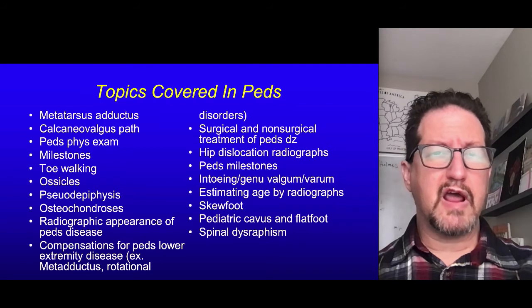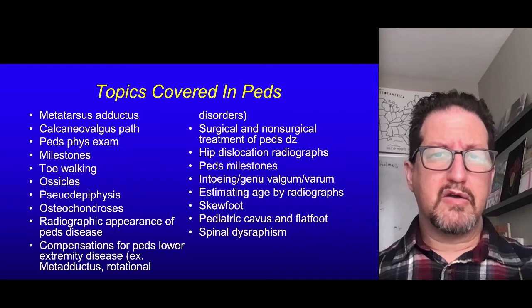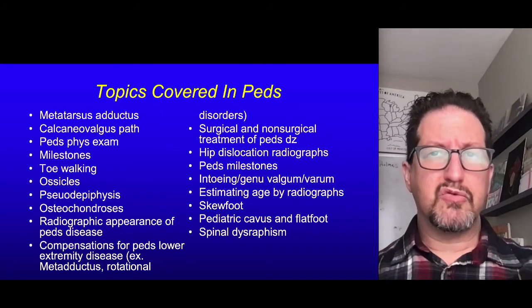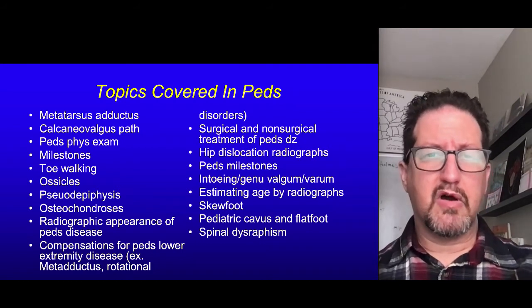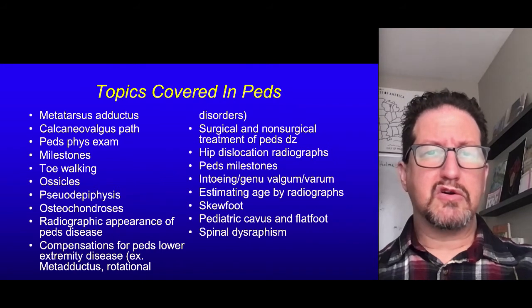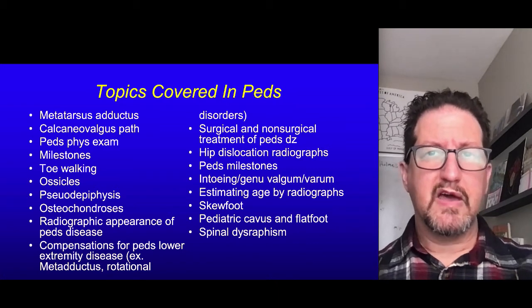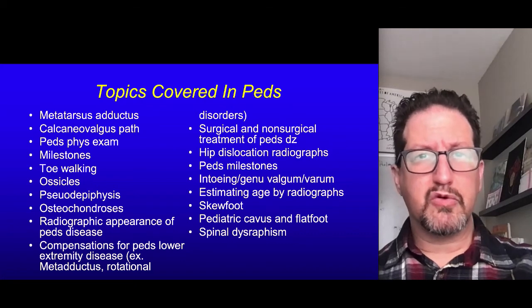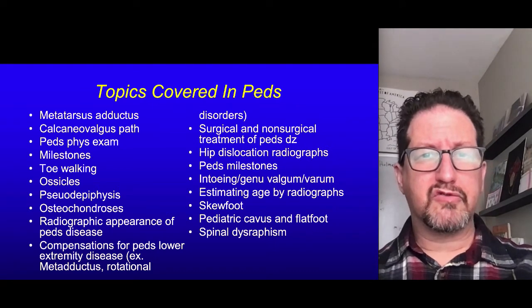This included everything from the examination to milestones, superstructural deformities like genu varum and valgum and how you compensate for those things, all the way down to various bone issues, determining the age of a child based on the radiograph, and then also including everything else about the foot and ankle and diseases like talipes equinovarus or clubfoot, including other disorders that cause issues such as spinal dysraphisms. So there's quite a lot there.